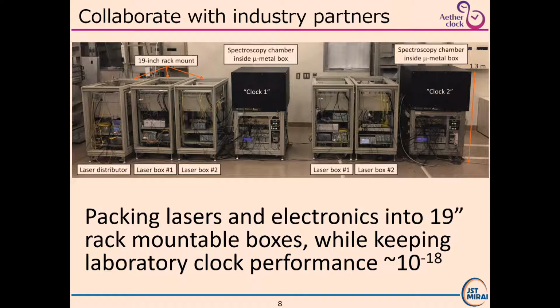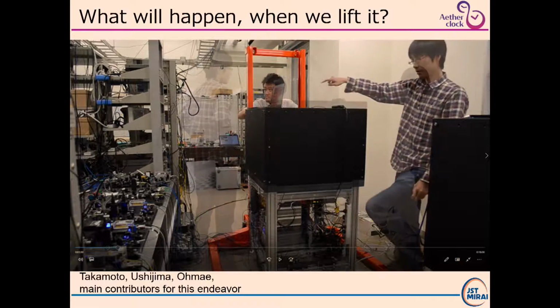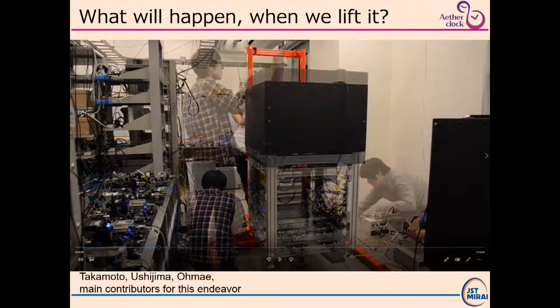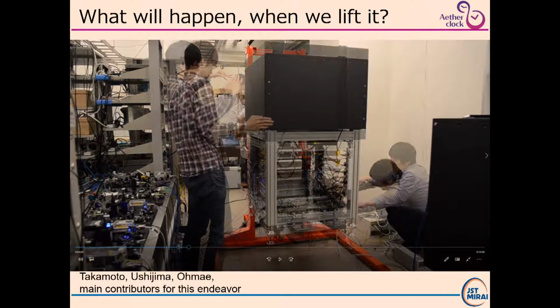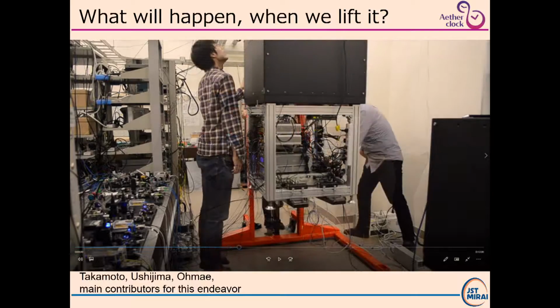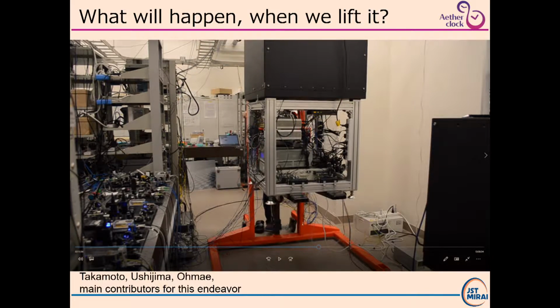By comparing two clocks, we can learn something. This is already a familiar experiment. If you lift up one of the clocks by 1 meter, then what will happen? This movie is quite useful to explain our situation to a general audience.